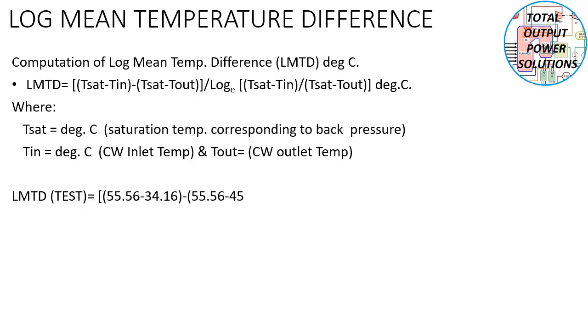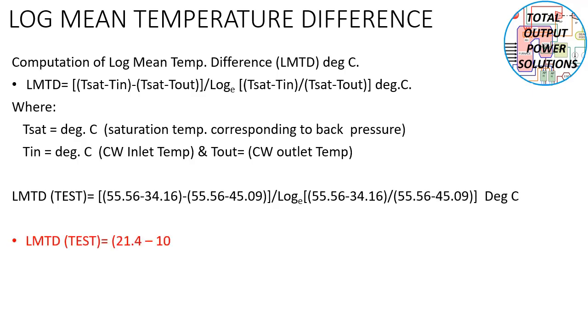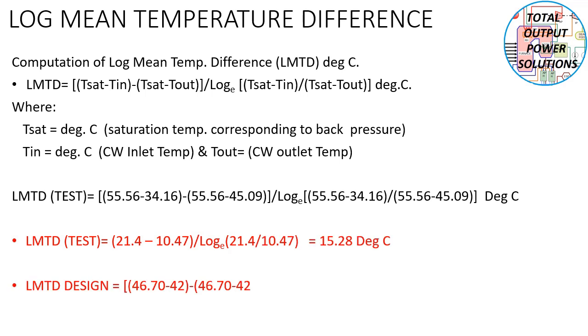The log mean temperature difference for test, as you can see the calculations have been done, comes out to be around 15.28 degrees centigrade, whereas the log mean temperature difference in the design comes out to be 9.28 degrees centigrade.